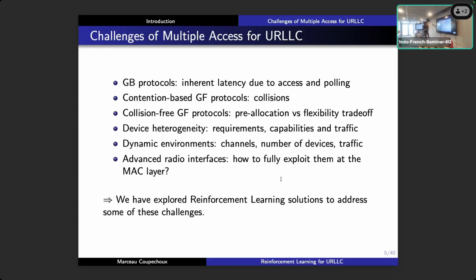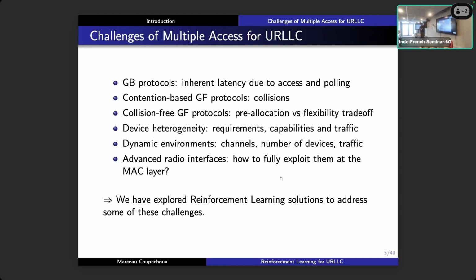And there are specific difficulties like device heterogeneity. Imagine that not all devices have the same constraints in terms of latency, reliability or data rate. You have dynamic environments, so you may have varying traffic models, varying channels, and a varying number of devices. And there is the question of how to fully exploit the advanced radio techniques at the physical layer, at the MAC layer.